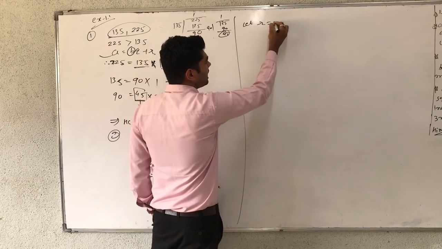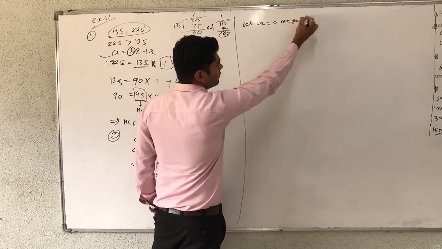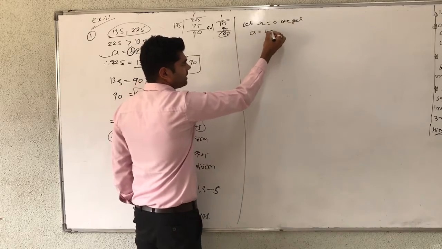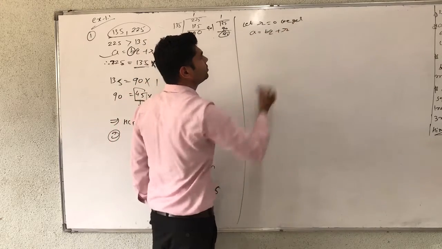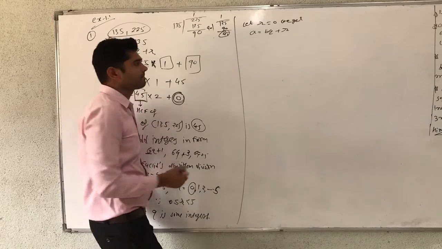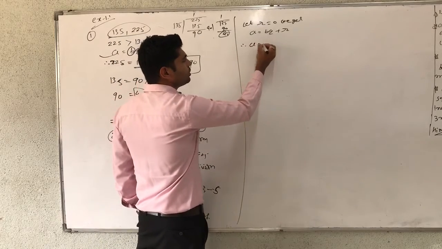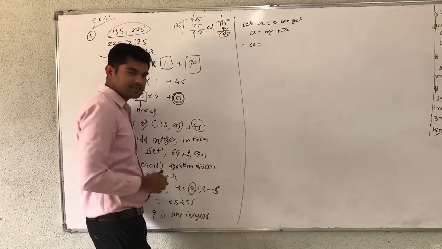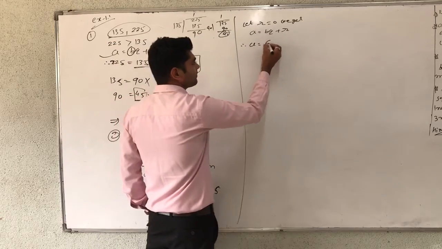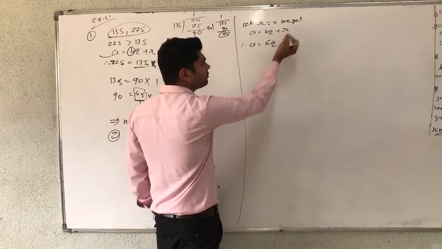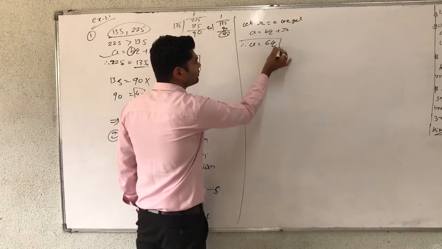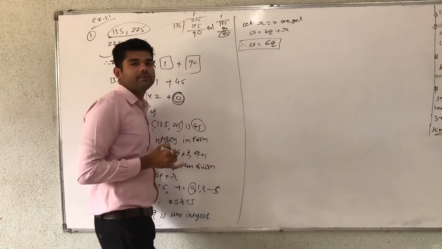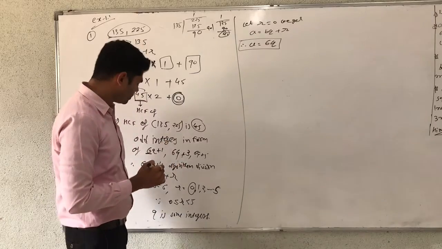Let r equal to 0, we get a is equal to bq plus r. Now the value of b is equal to 6, therefore 6q, the value of r equal to 0, therefore a is equal to 6q.